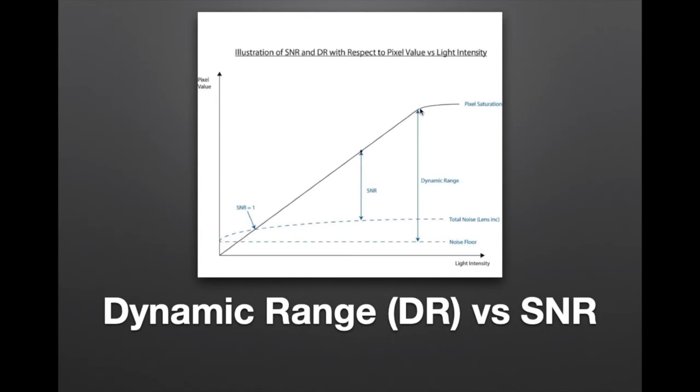Or this could be hitting the top end of your ADC, so you cannot get a value above here. So this is showing you this linear relationship for light intensity to pixel value, and then how it saturates, or overflows, or overexposes, you would say, up here.